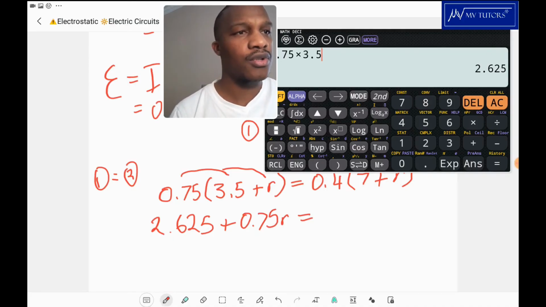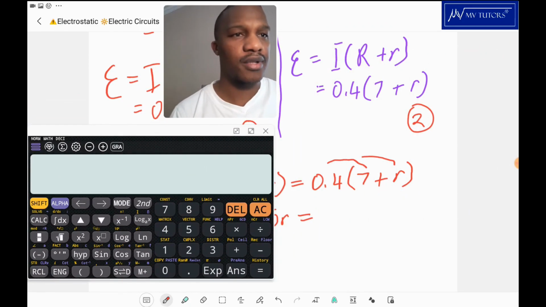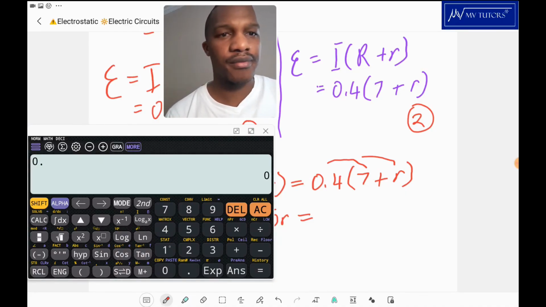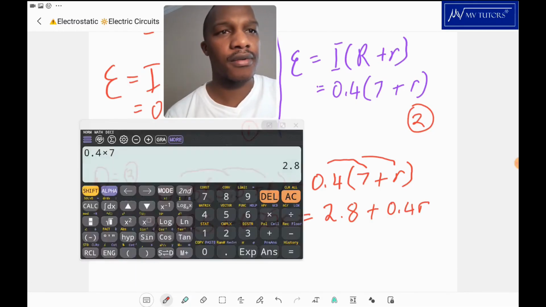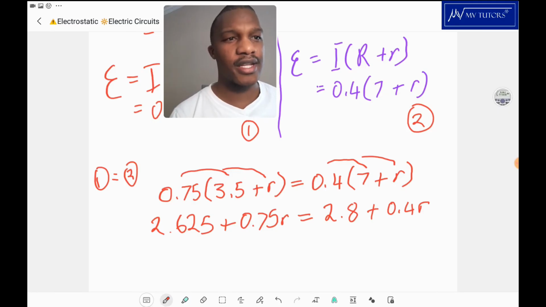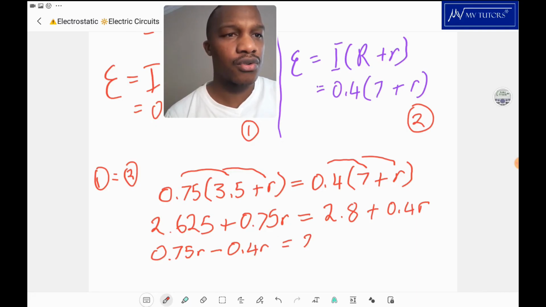That's going to be equal to, let's do that one now, 0.4 times 7, and then I get 2.8 plus 0.4 r. So what I'm going to do is put r's on one side, numbers on the other side. So I'm going to put the r's this side, so it is 0.75 r minus 0.4 r, equal to 2.8 minus 2.625.